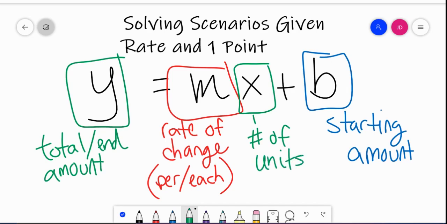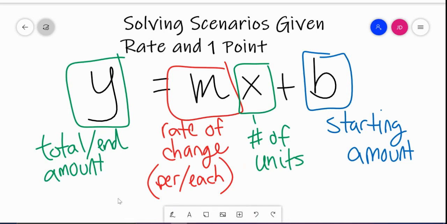So the rate is going to tell you what x is going to be. For example, miles per hour, or beats per minute. It's going to tell you what the rate or the units are that correlate with the m. All right. So it's important we know these and write this down.